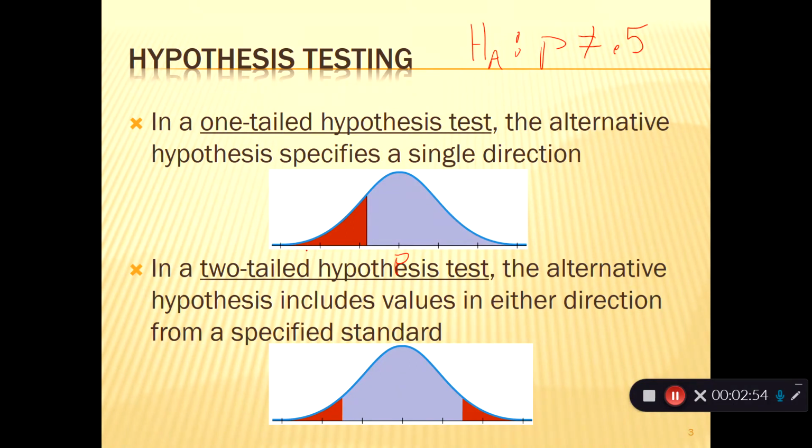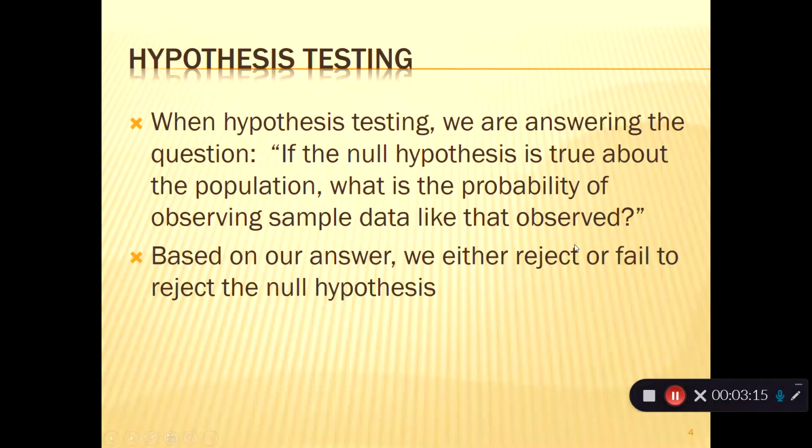So if I get a really weird sample, and that's what we're denoting here with the red, where are we calling it really weird? If I get a sample in that region, it would make more sense for me to think things have changed than that I just got a weird sample off the sampling distribution. Though it is possible, I just simply did.